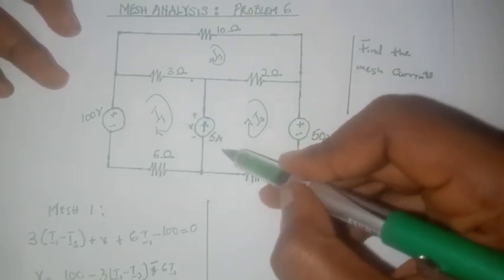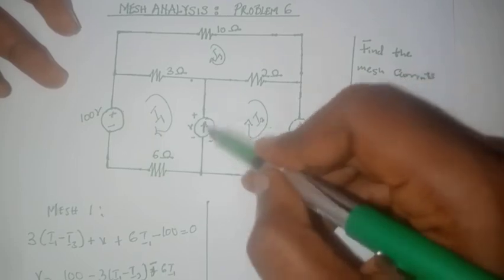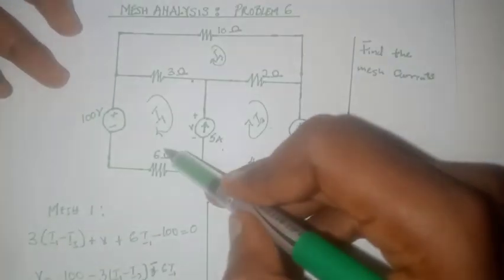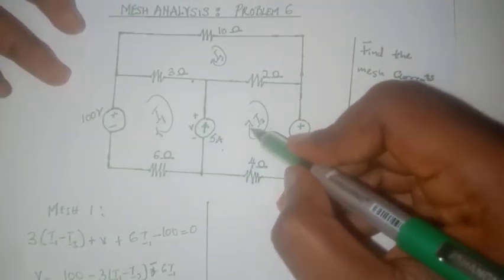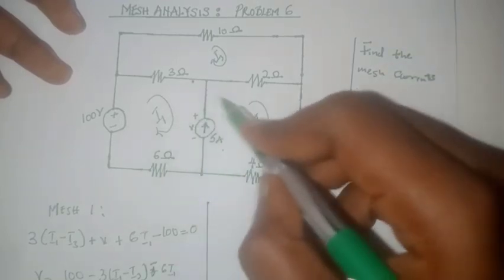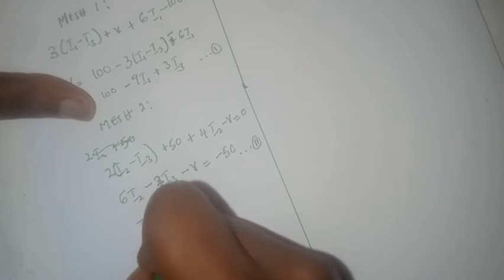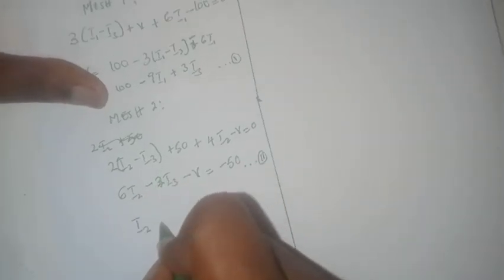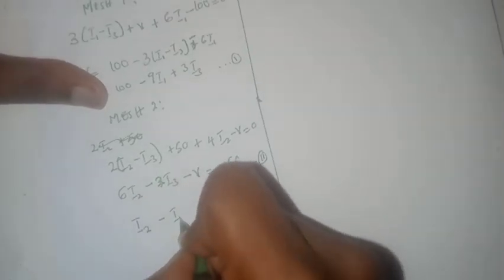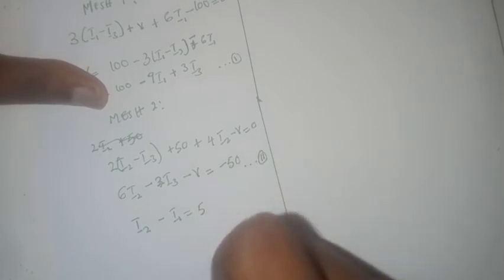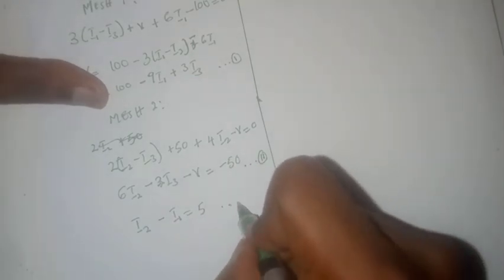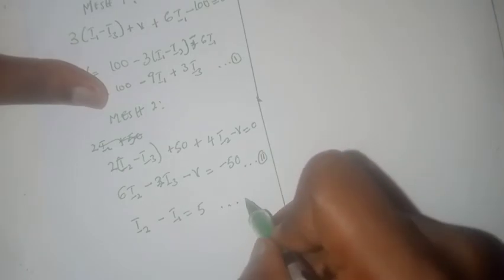So if this current is aiding the current source and this current is opposing it, then we can say that I2 minus I1 equals 5. We can call this our third equation.